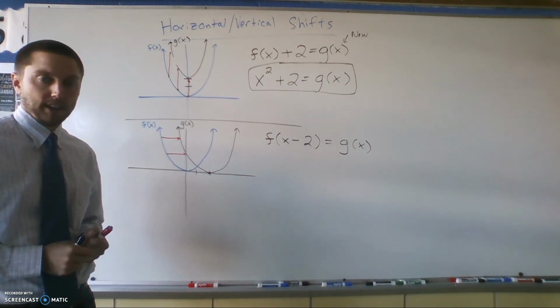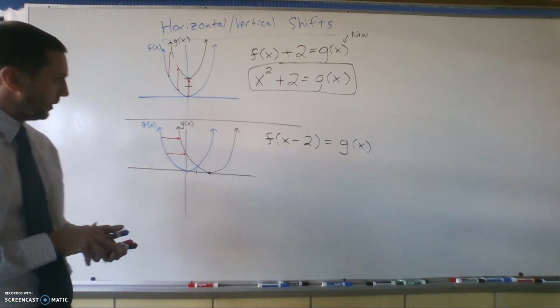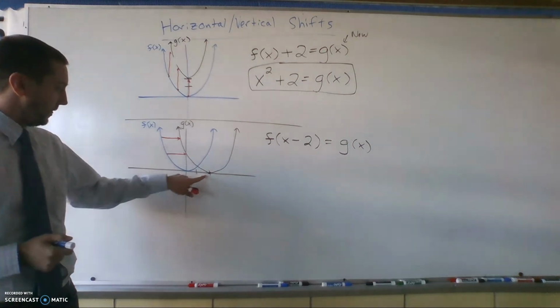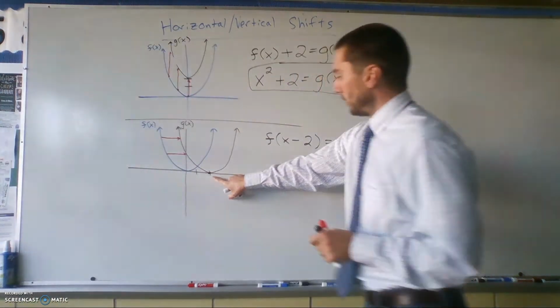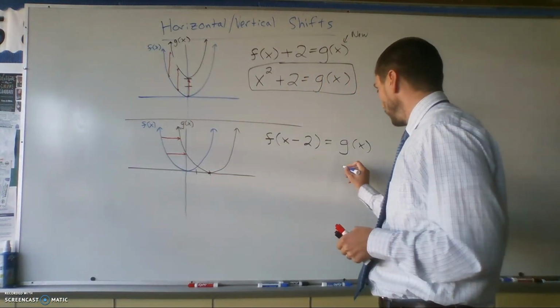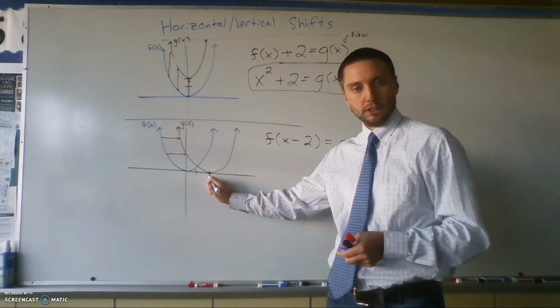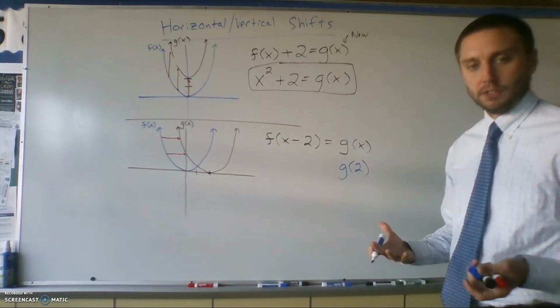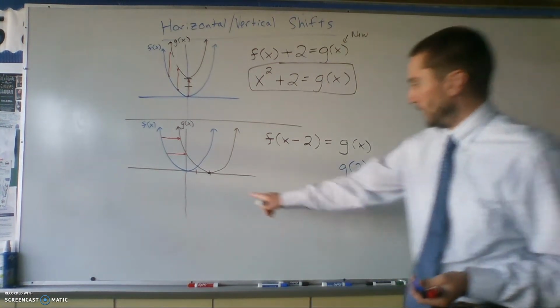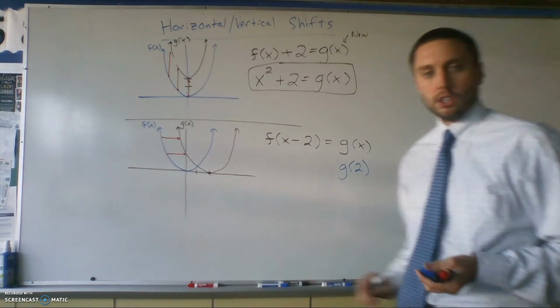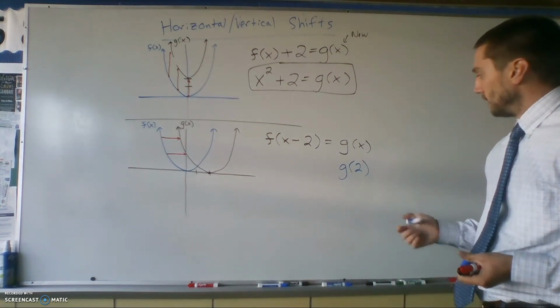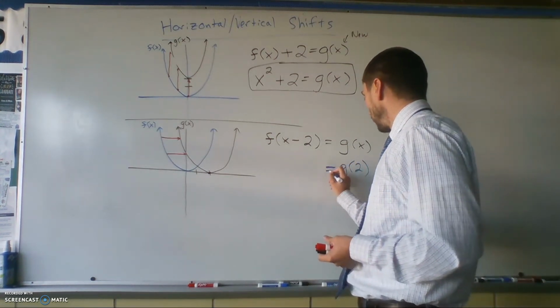Now, that's all sorts of goofy, so I'm going to try to explain why that's the way it is. In order to see that, let's look at this point here. So this point on my g graph, that'd be g of 2, right? So this point right here is g of 2. Now, what is g of 2? G of 2 is 0, right? So think about that for a second.